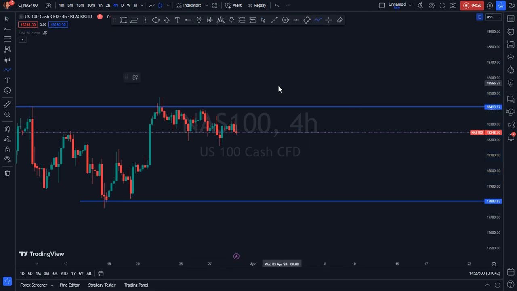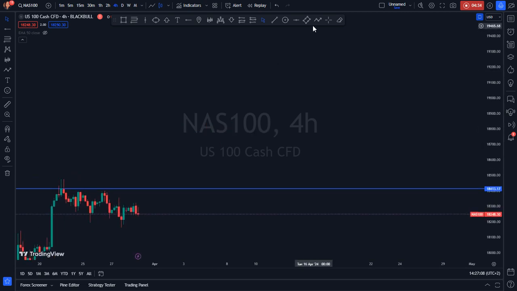If this is your structure, you can already see that this is an impulsive structure. You wait for the correction, and the moment the market jumps into the impulsive, going in the direction of the market, that's when you start looking for those continuation flex. That is how I trade.